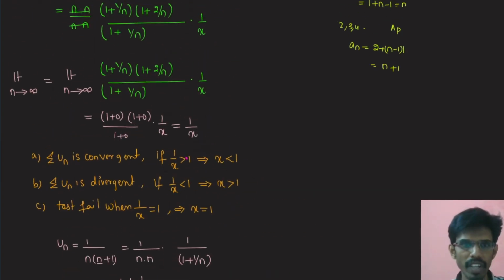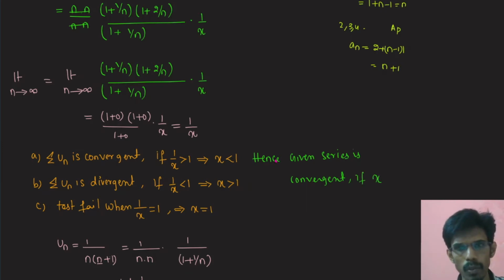So we modify this statement: hence we can say that the given series is convergent if this x value is less than or equal to 1, since we have seen by the comparison test, and divergent if x is greater than 1.